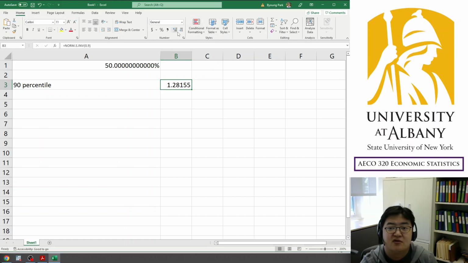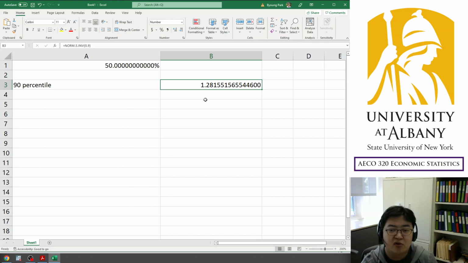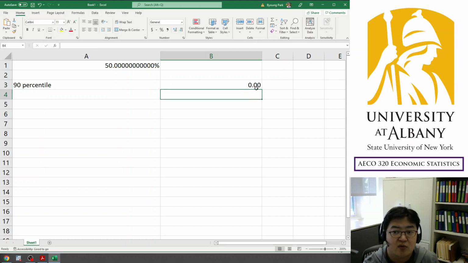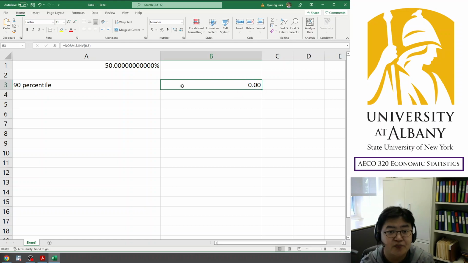Of course, you may expand it, it's a longer number, but simply let me call this 1.28. 1.28 is the 90 percentile of standard normal distribution. Similarly, you may change 0.9 into a different number, say 0.5. That will give you the median. Then, of course, it should be 0. The median is 0. Median is the mean, which is 0.